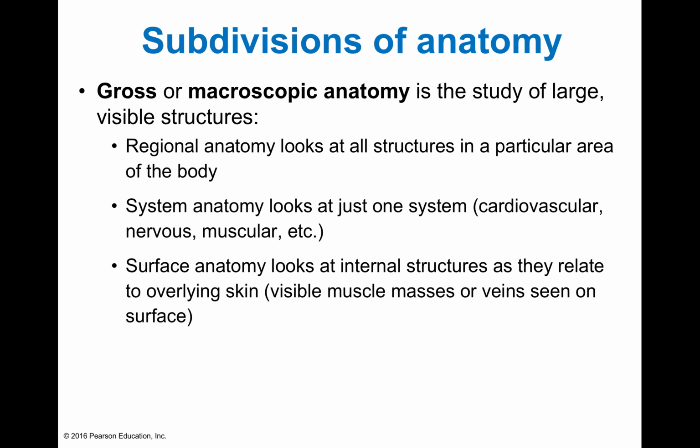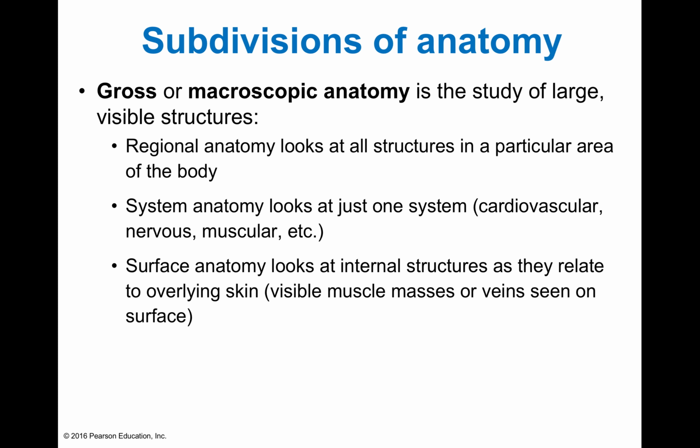Now, going back to anatomy and looking at the subcategories of anatomy, we have two main categories: gross or macroscopic anatomy, macro implying large, which is discussing concepts or terminology associated with large enough structures that are going to be visible with the naked eye.